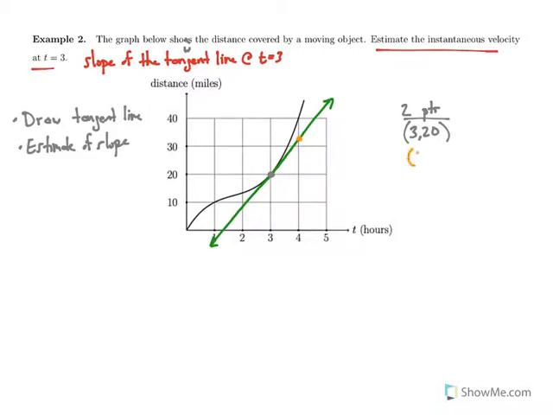That's going to be the point (4, about 32). I don't know, you could say maybe 33, and if your line is a little bit different, it might be a slightly different value.